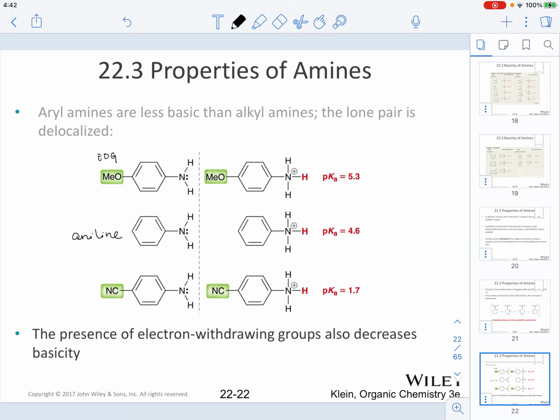Once the nitrogen in the aniline is protonated, you can see that the pKa becomes really low, while with an electron donating group the pKa is around 5.3. So that's the difference between them.